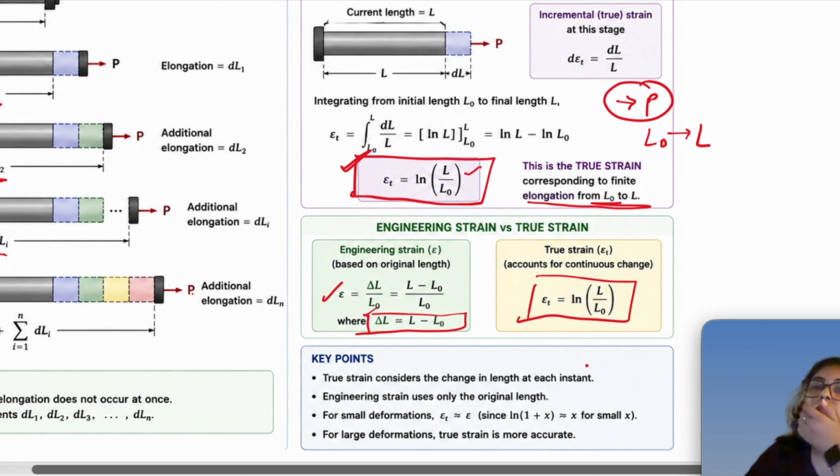True strain considers the change in length at each instant, but engineering strain uses only the original length. For small deformation, true strain will be equal to engineering strain, because you are not changing that much. But for larger deformation, true strain will be much more accurate in comparison to engineering strain.